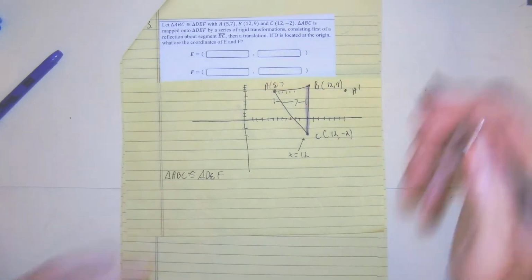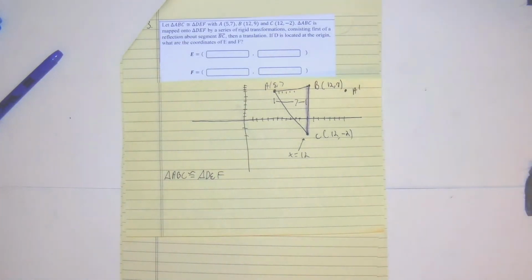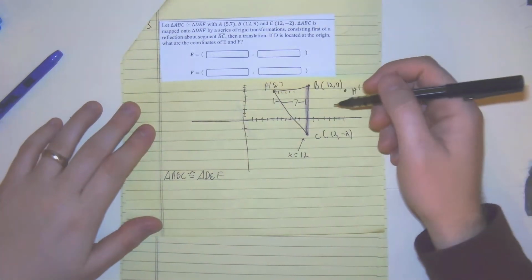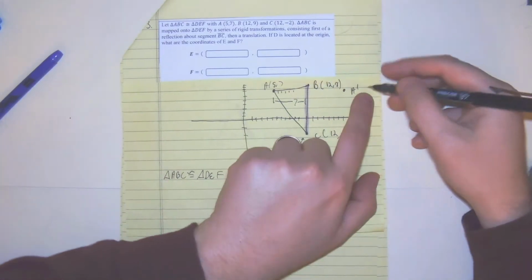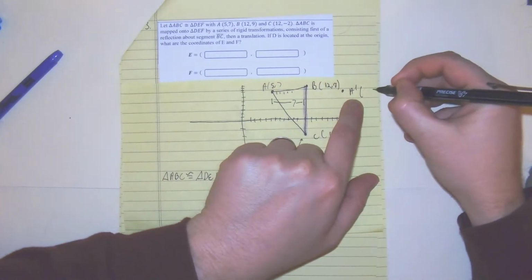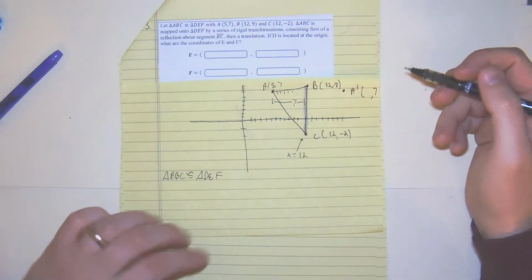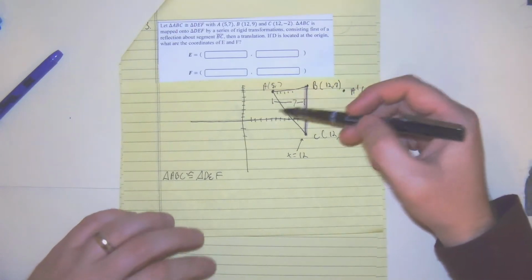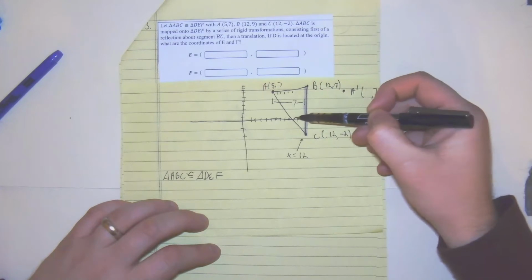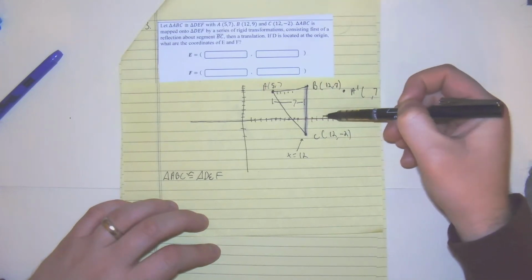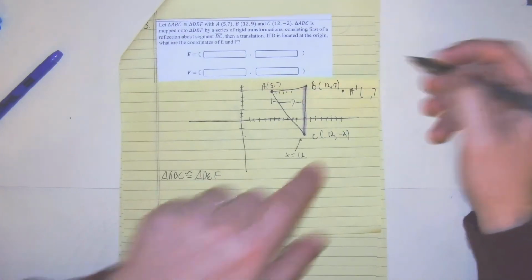We'll call it A prime just for simplicity's sake, which would be at 7 would still be the height, and then we would have 6, 7, 8, 9, 10, 11, 12, 13, 14, 15, 16, 17, 18, 19. It'd be about 19.